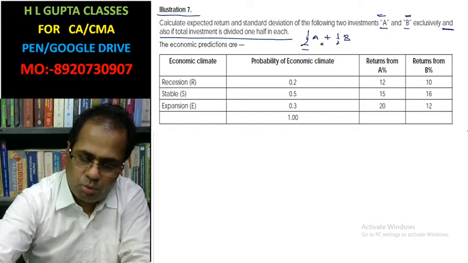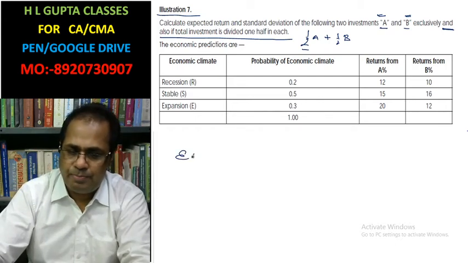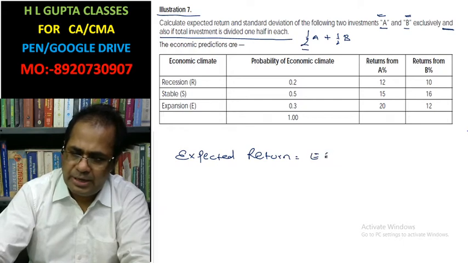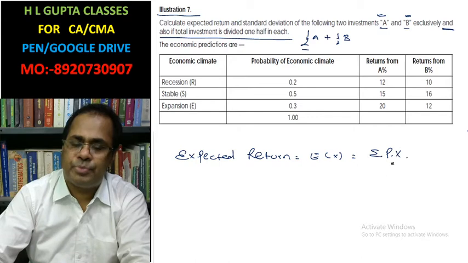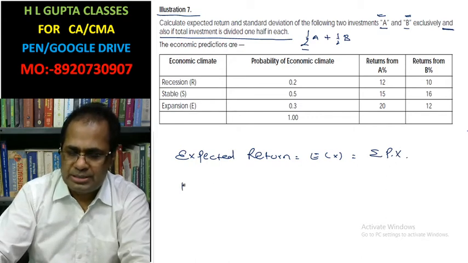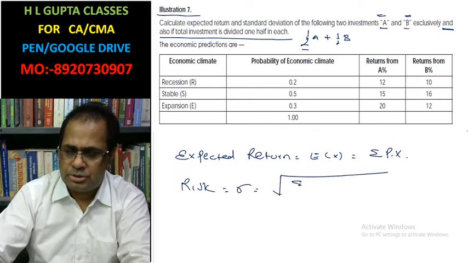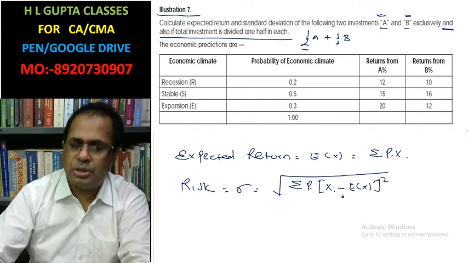Now I am going to calculate. What is the formula of expected return? This is represented by E(X) and this is summation PiXi. Now risk is represented by standard deviation and this is the square root of summation Pi (Xi minus expected X) whole square.